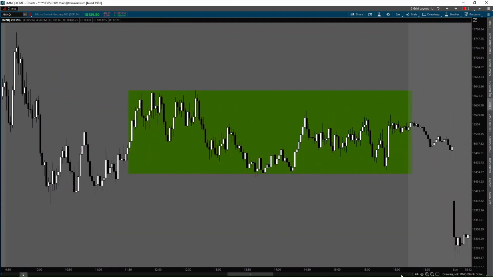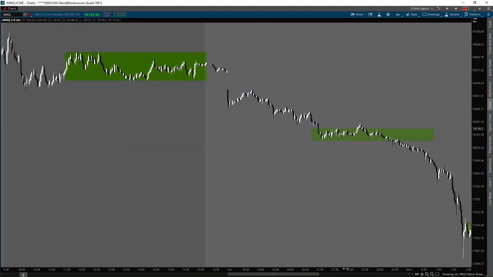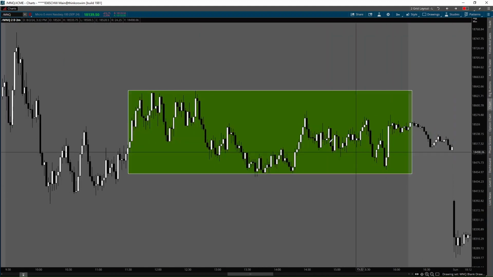Sorry, that is a 2-minute chart in that same range. So I would continuously sell and or short at the top of the range, and then reverse at the bottom of the range. But that's the very basic approach to trading.